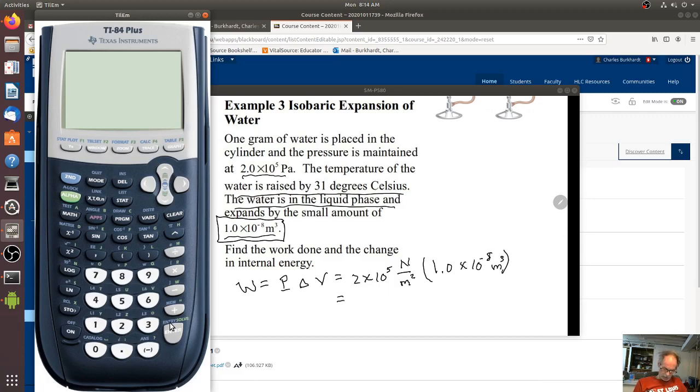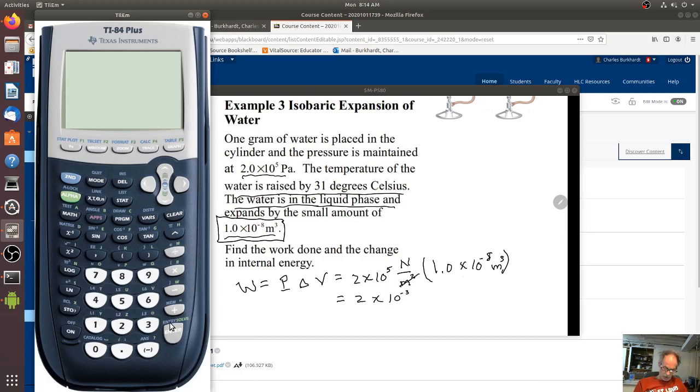See, this is not a good system for doing work because it's liquid water. We don't use liquid water to do work very much. We use vaporized water. And so this isn't going to do much work for us. It's going to do 2 times 10 to the minus 3.